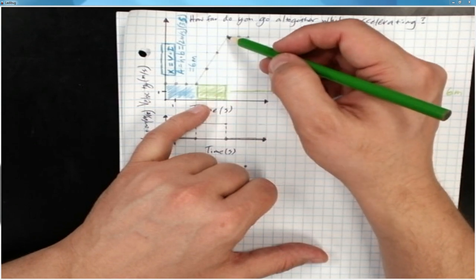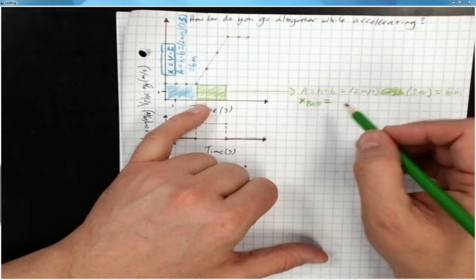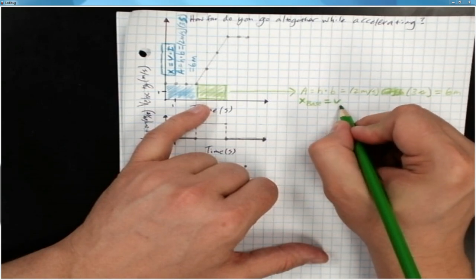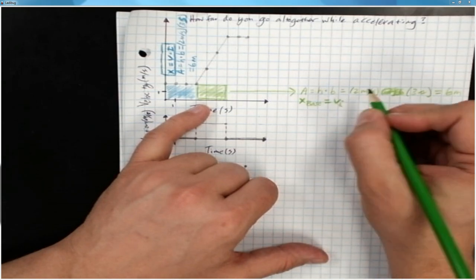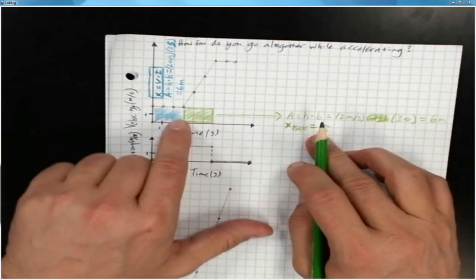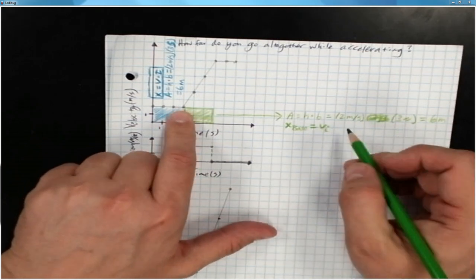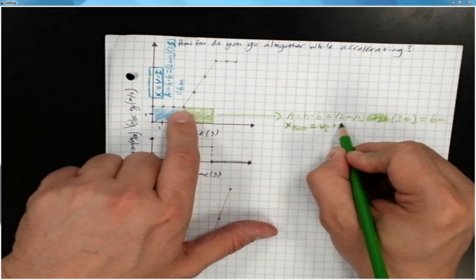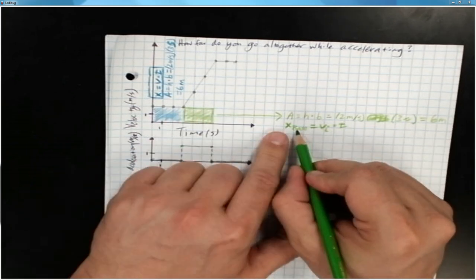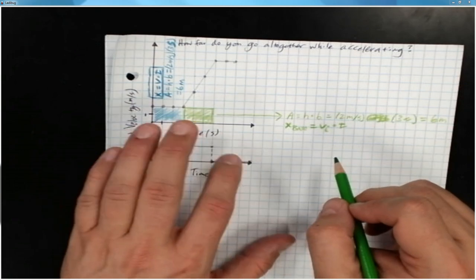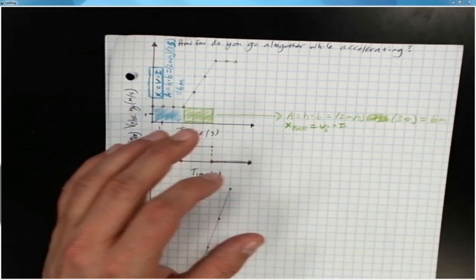I have a final velocity, but if I were to keep my initial velocity, so this is v subscript i. I didn't need an i up here because I was going the same velocity all the time. But here I need an i because my velocity changes. So my initial velocity multiplied by the time. So my base distance is equal to my initial velocity times my time. That's how far I would go if I didn't speed up.